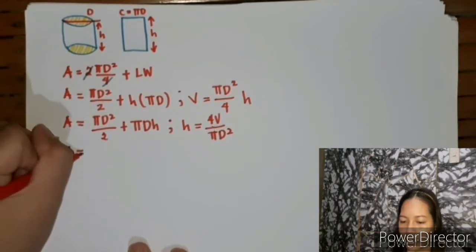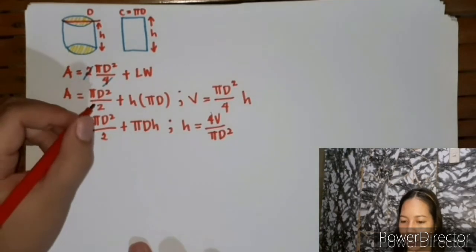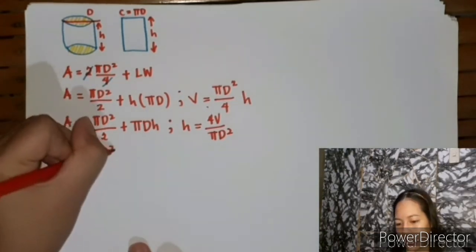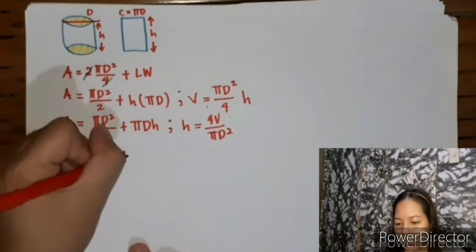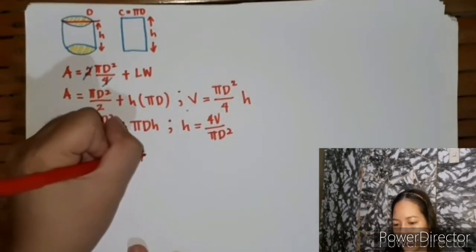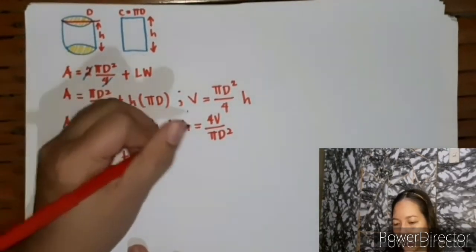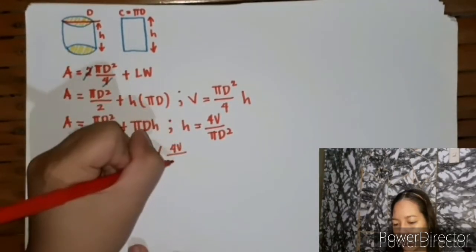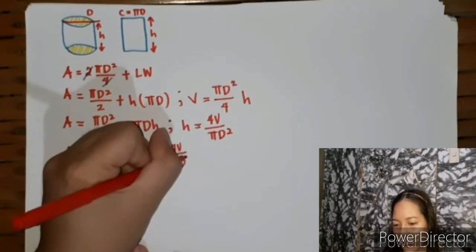It will become a is equals to copy pi d squared all over 2 plus pi d, and put the value of h, which is 4v all over pi d squared.